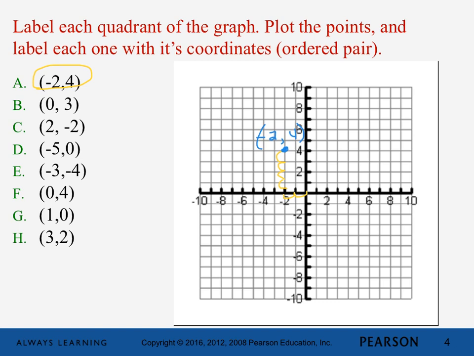And then similarly, to plot the point 0, 3, we'll again begin at the origin.